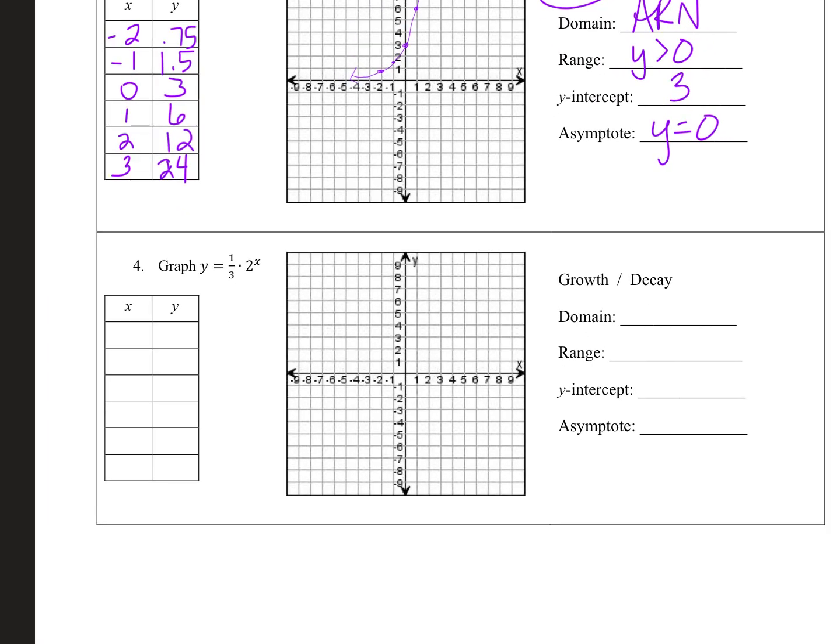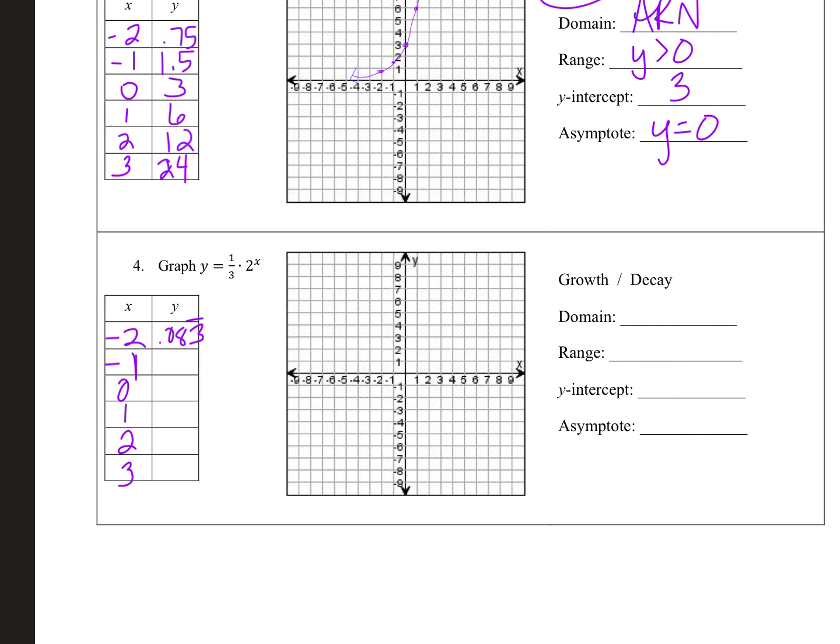All right, I'm going to do -2, -1, 0, 1, 2, 3, and let's see what happens. Y equals 1/3 times 2 to the x. Okay, this gives me 0.083, and the 3 repeats. That's a tiny, tiny number.